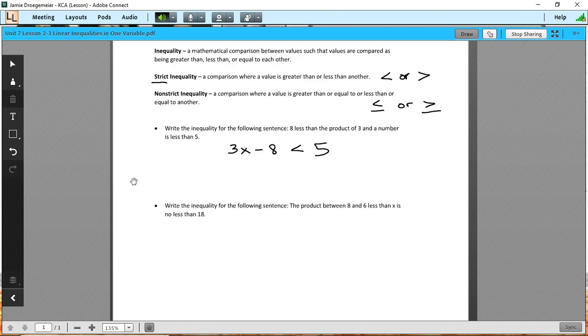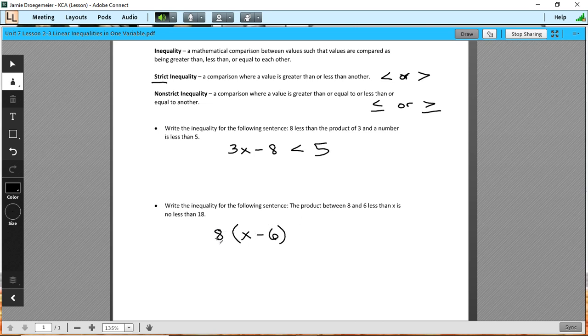It says write the inequality for this sentence. The product between 8 and 6 less than x is no less than 18. All right, so we're multiplying 8 by this expression 6 less than x. Well, 6 less than x means I would be taking x and subtracting 6 from it. And I'm multiplying that by 8.